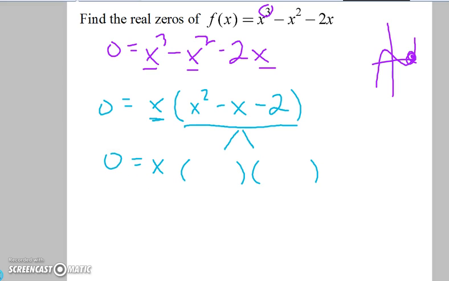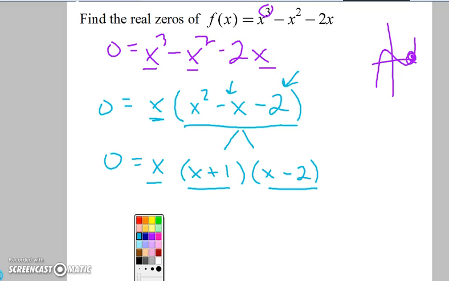Because I know that I can multiply to -2 and add to -1. The two numbers that multiply to -2 and add to -1 are -2 and +1. So my other two factors are x plus 1, x minus 2. So I've got three factors: x, and x plus 1 and x minus 2.